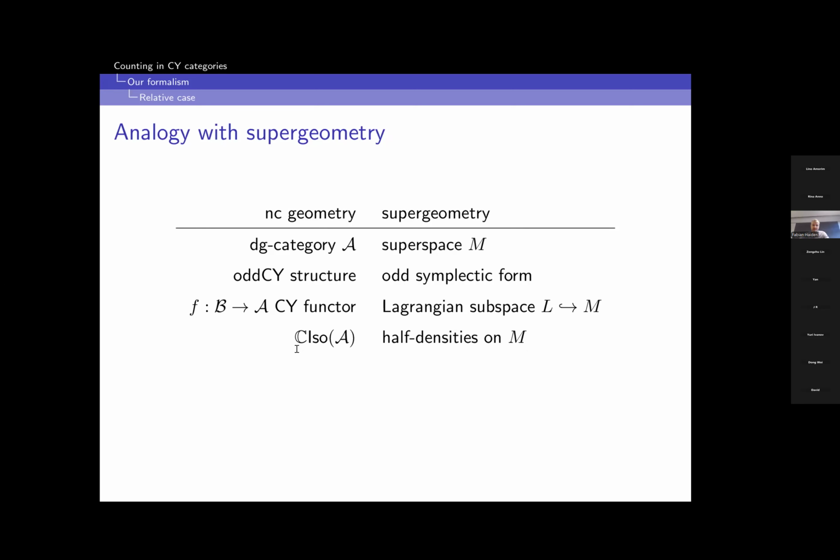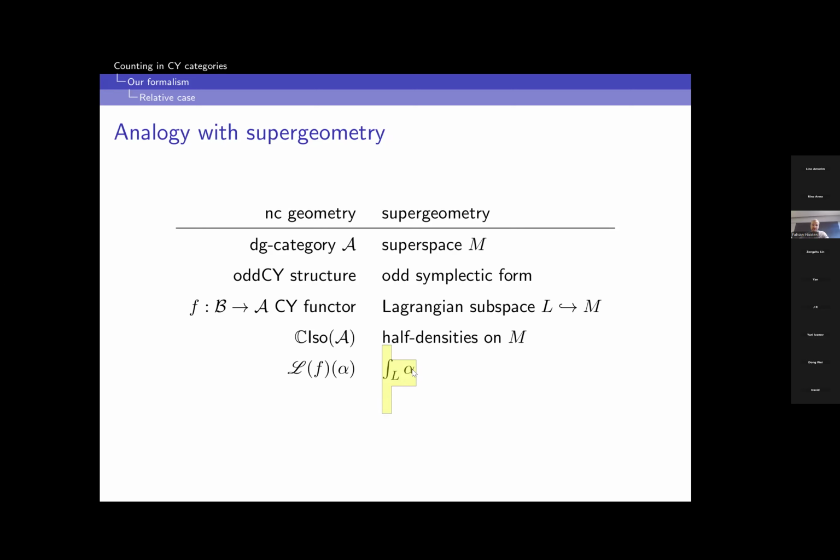I mean, there's some crude version, but I want to think of finitely supported complex valued functions on the space of isomorphism classes as analogous to half densities, which is the role they will play in this formula. And then what's true in supergeometry: when you have an even symplectic form, you have the Liouville theorem, you have a natural volume form. But when you have an odd symplectic form, what happens is that if you have a half density on your space, then you can integrate that invariantly over a Lagrangian subspace.